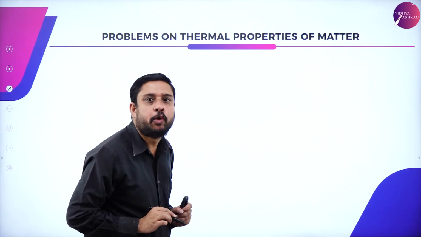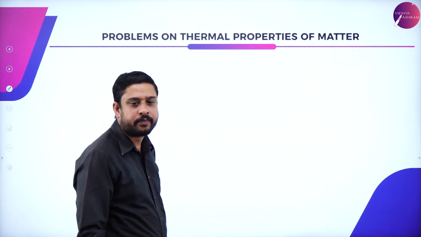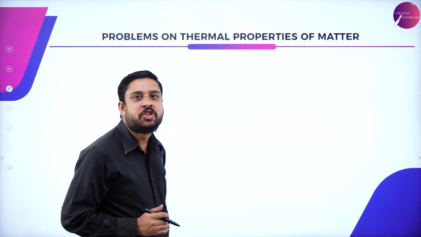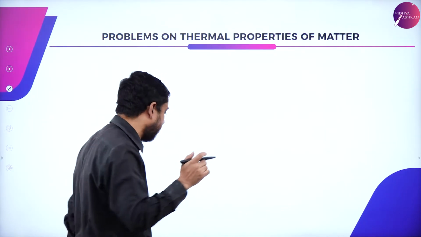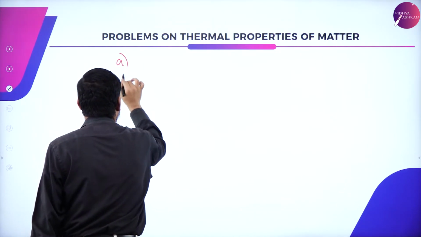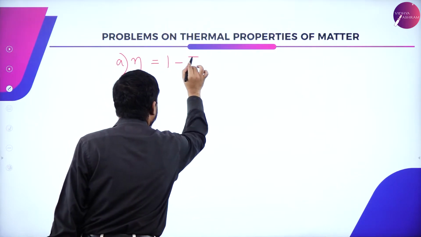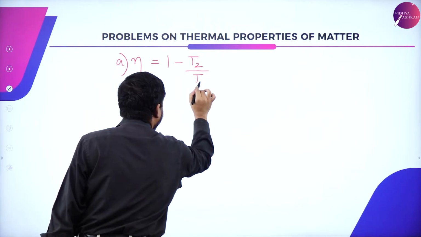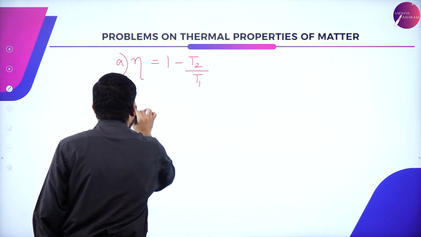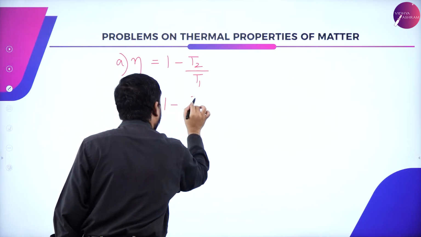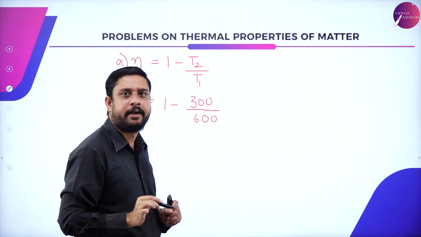I will first calculate the efficiency of the Carnot's engine. And here, efficiency is calculated in terms of temperature. So we know efficiency eta is 1 minus T2 by T1, or eta equals 1 minus 300 by 600.